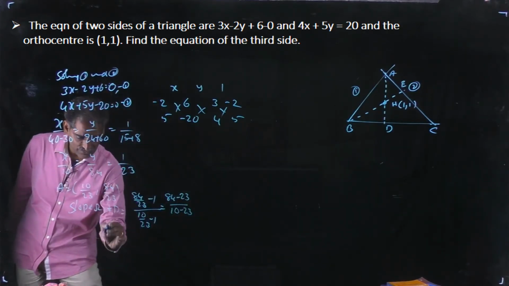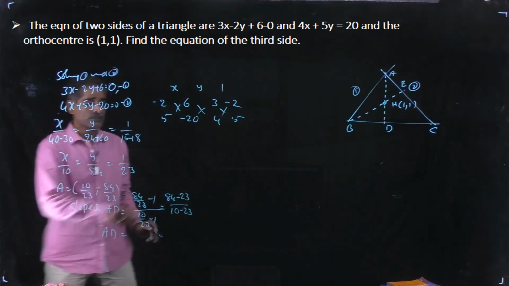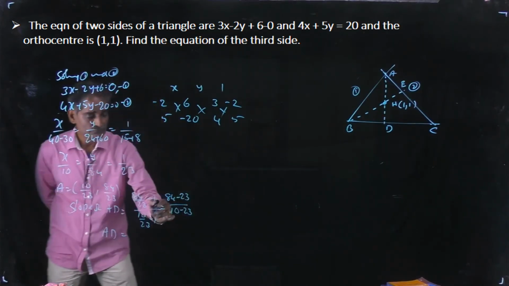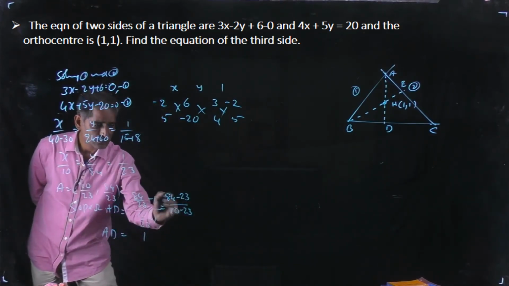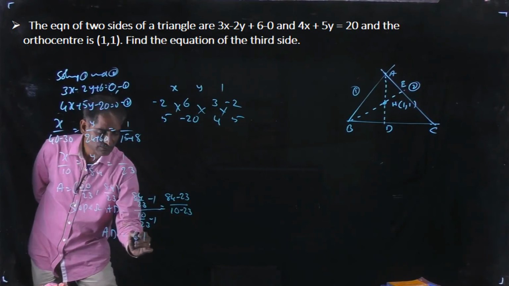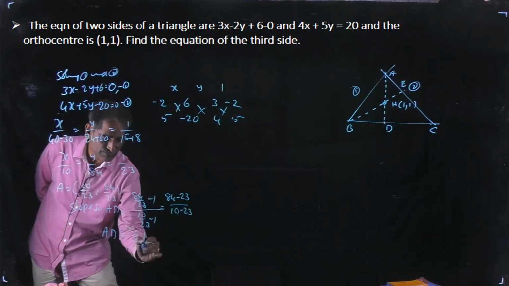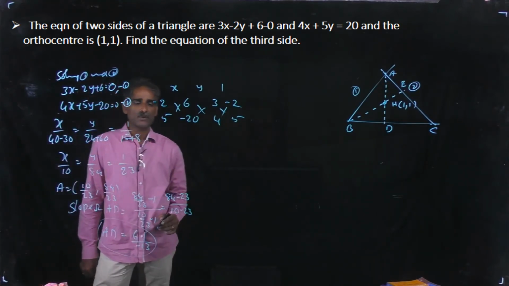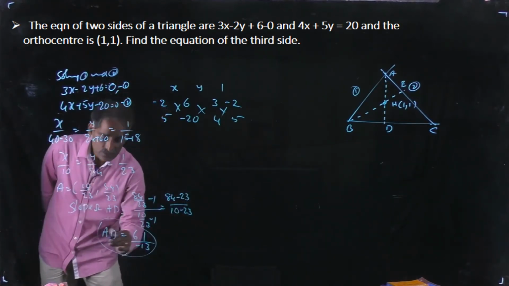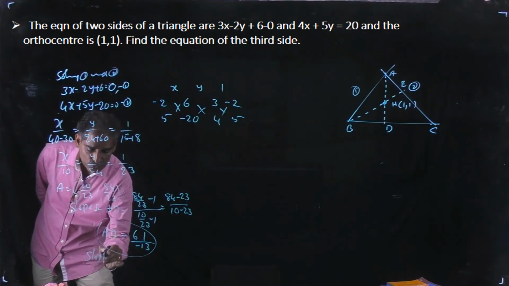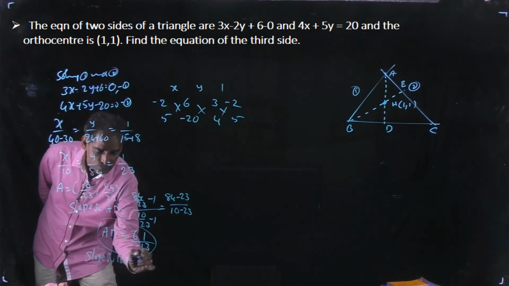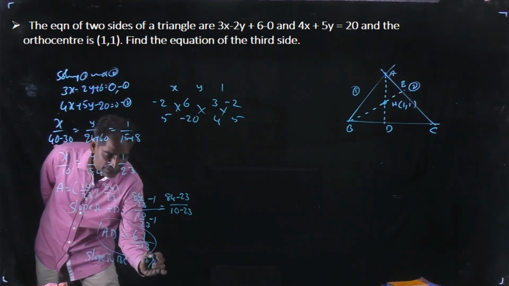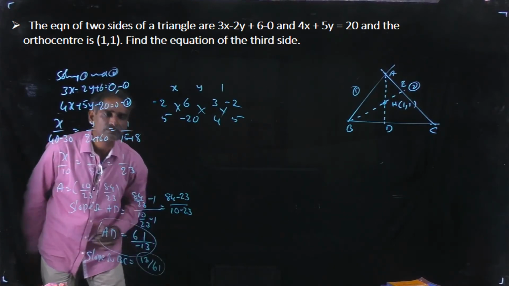So the slope of AD is 61 by 10 minus 23, that is minus 13. This is the slope of AD. What is the slope of BC here? Slope of BC is equal to 13 by 61.